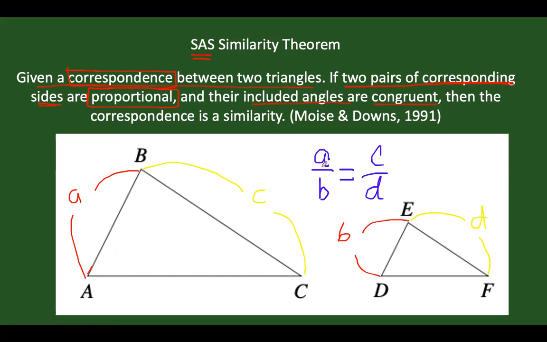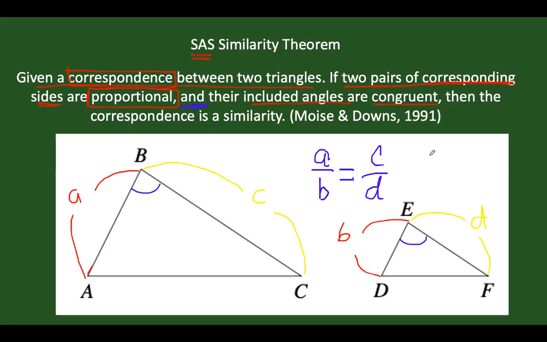Or the values of their ratios should be equal, all right? And of course, there must be the word and. Don't forget the word and. Their included angles, the angle B and the angle E, must be congruent. So if these angles B and E are congruent, then we could say that these two triangles are similar.